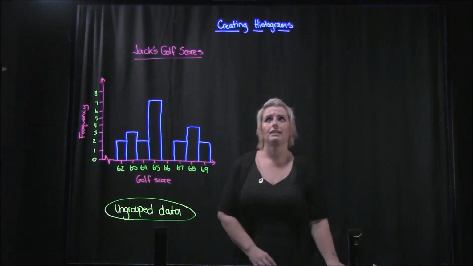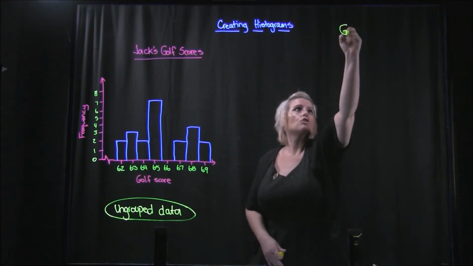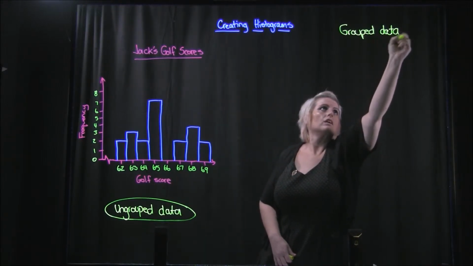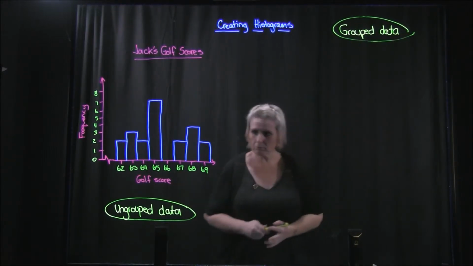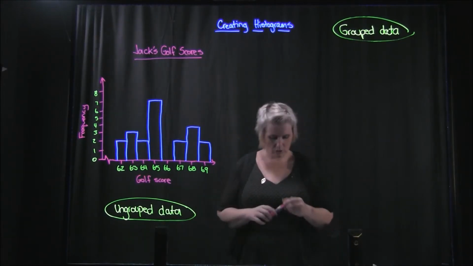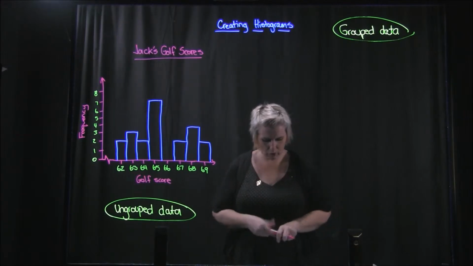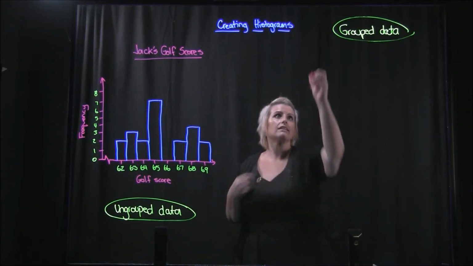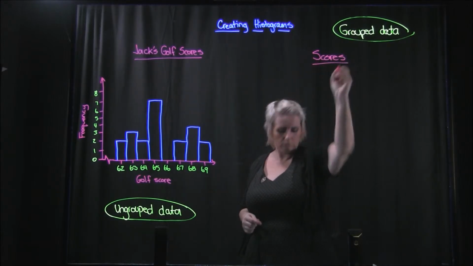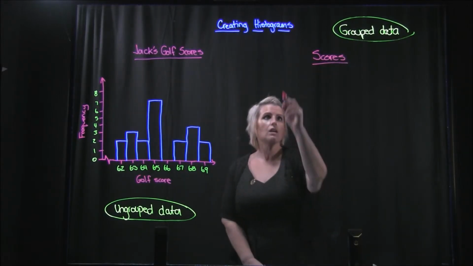Now we're going to have a look at grouped data. A grouped data example means that you actually have intervals, and you want to graph those. This one is just going to be scores, so a simple title, looking at scores.